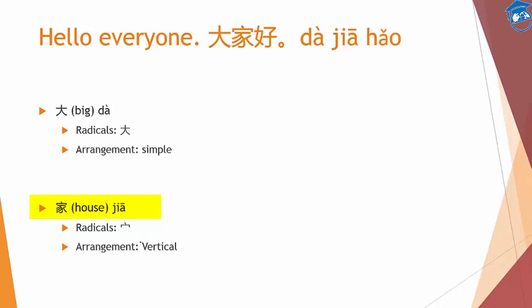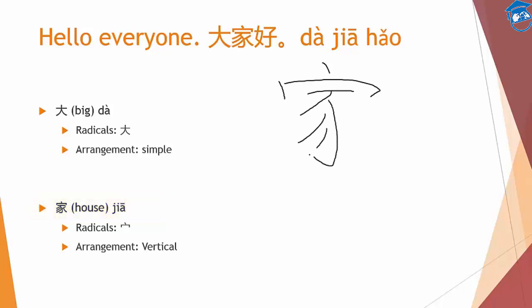And the arrangement is vertical because you see you have a top radical here and the component at the bottom. So look at the strokes. 1, 2, 3, 4, 5, 6, 7, 8, 9, 10. Okay, so this is how you write the word 家.